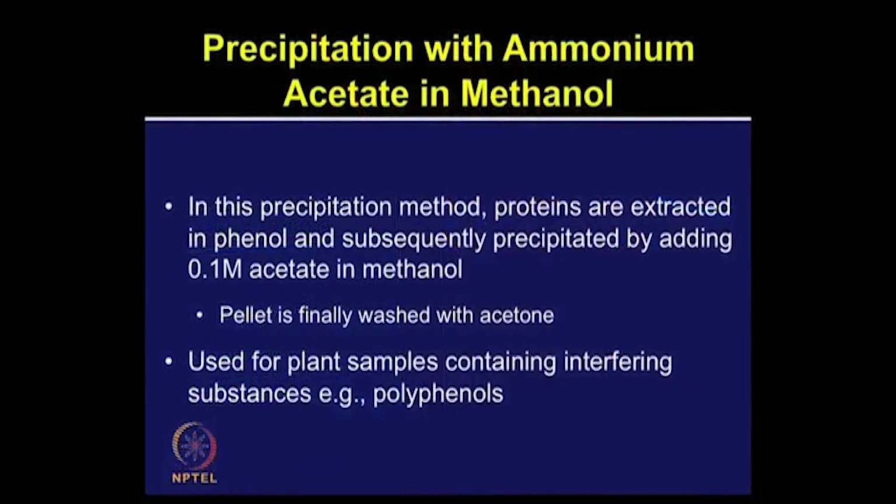By using this precipitation, proteins are extracted in phenol and subsequently precipitated by addition of 0.1 molar ammonium acetate in methanol. Pellet can be finally washed by adding acetone. As I mentioned, this is a less commonly used method, and for some specific applications, people try different types of precipitation and washing steps.